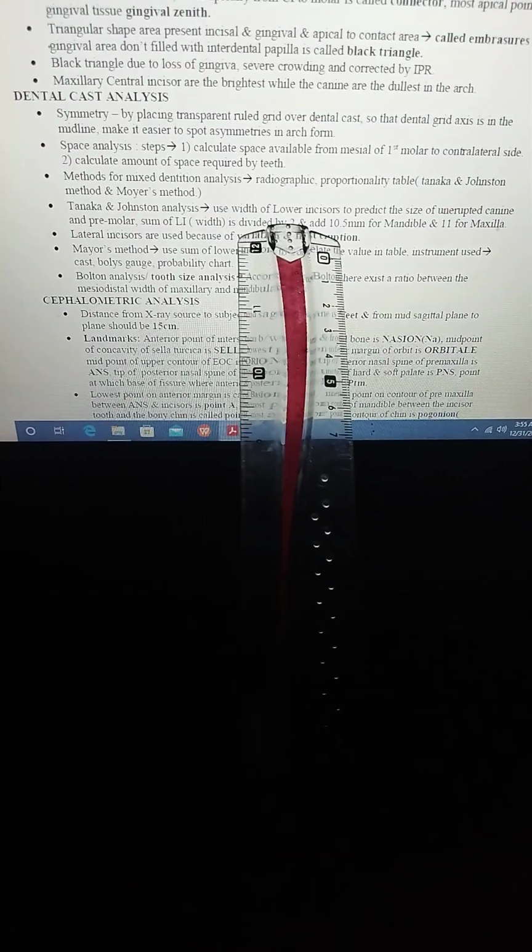Tanaka and Johnston analysis uses the width of the lower incisors to predict the size of the unerupted canines and premolars. The sum of the lower incisor widths is divided by 2, and we add 10.5 mm for the mandible and 11 mm for the maxilla.